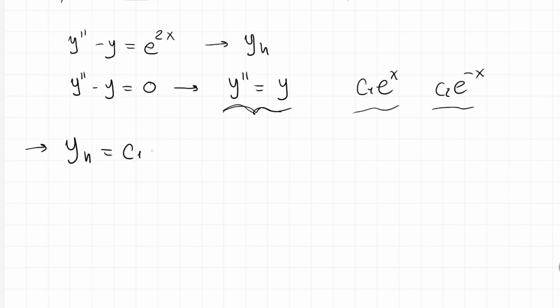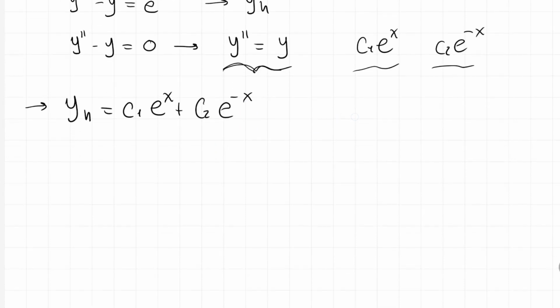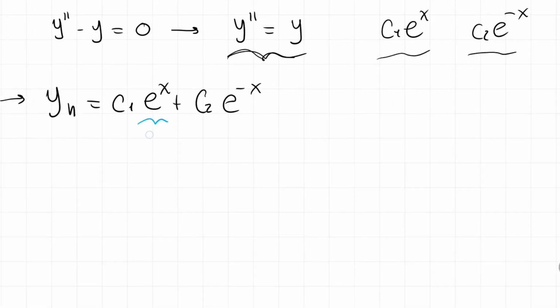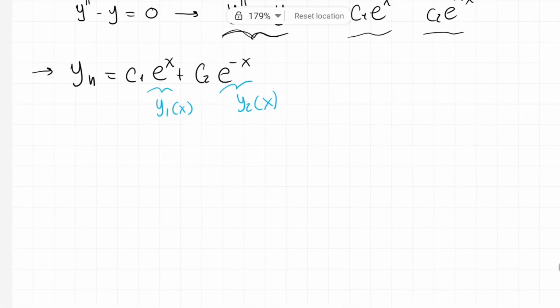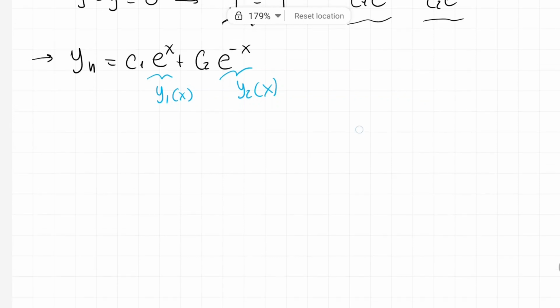That is c1 e to the x plus c2 e to the negative x. And we easily identify that this can be defined as y1 of x, and this can be defined as y2 of x.